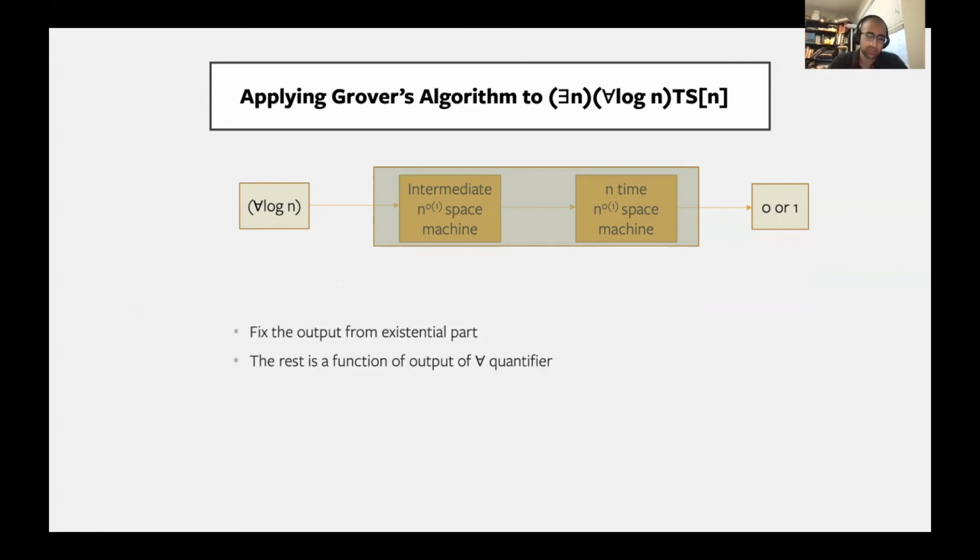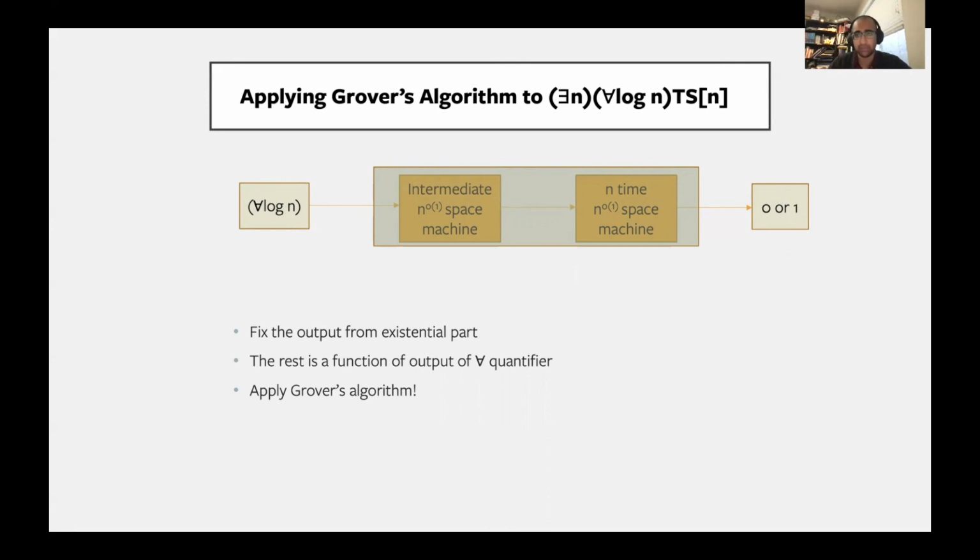We're going to apply Grover's algorithm to the green box. Just to make it clear, the reason we want to do this is because of the way this machine is being used: we're asking, is it true that for all log n bit strings, the output of the green box is 1?